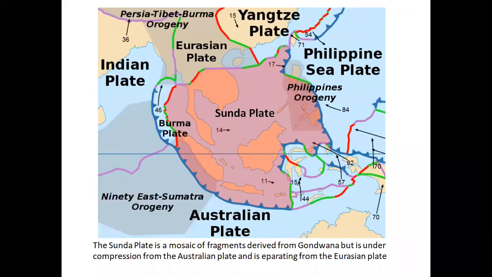Here's another version of that same region, a little more extensive. It shows the Yangtze Plate in the north with its southward movement of 15 millimetres a year, Philippine Sea Plate, and we've cut off its boundary with the Pacific Plate, but essentially both are moving westward at 80 to 90 millimetres a year.